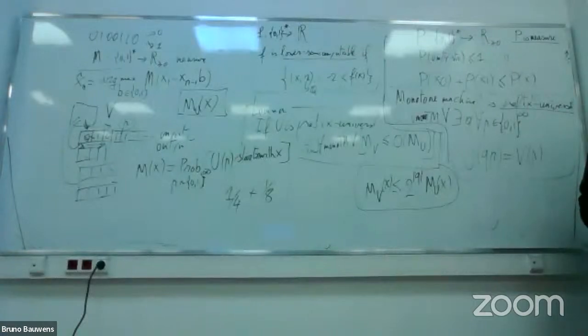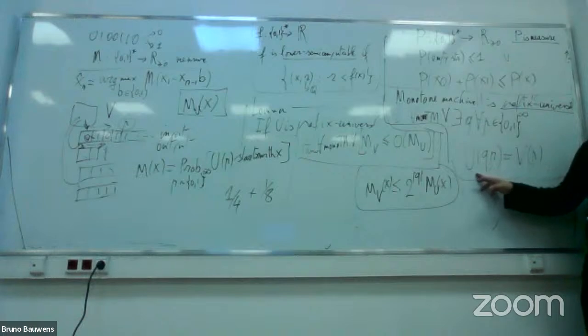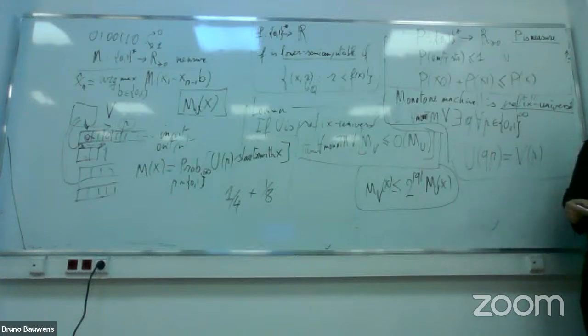Yeah, what is U in this context? Q is the compiler for V on U. And the value of it is the probability? Yes.